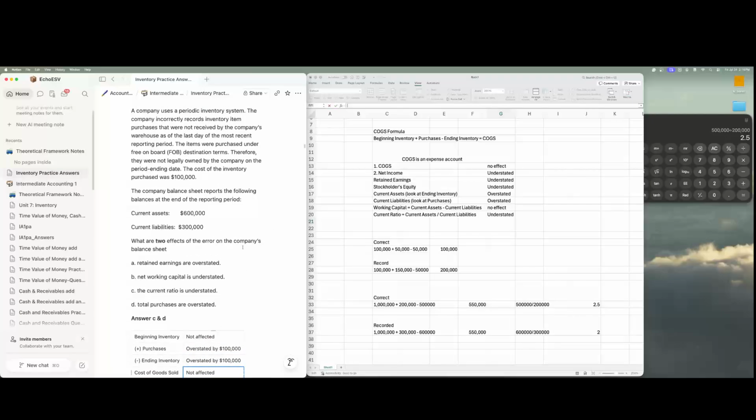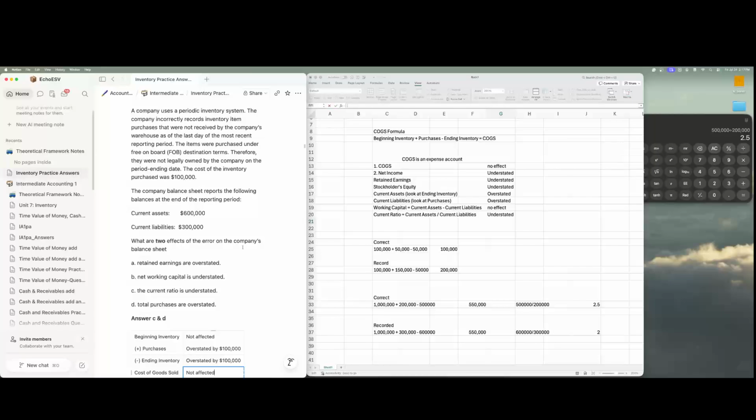So in this example, it's saying that they're overstating purchases because they received this item. Well, it was recorded, but they haven't actually received it yet. So there's 100,000 additional ghost inventory that actually hasn't been received.